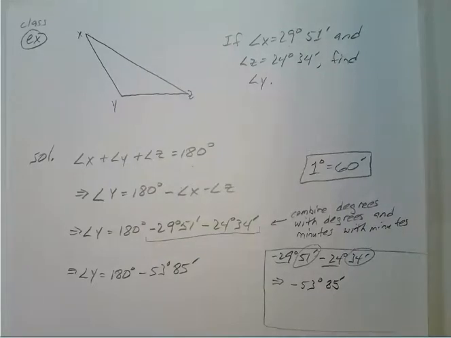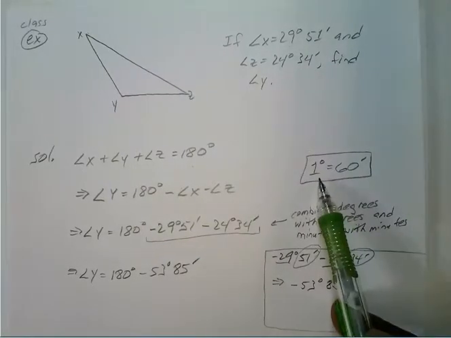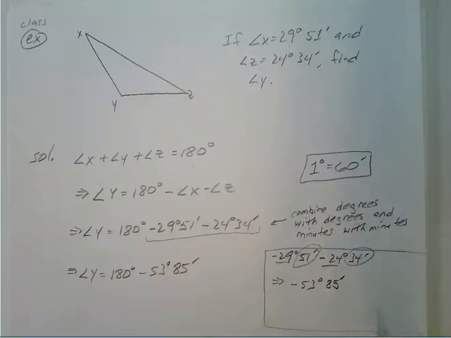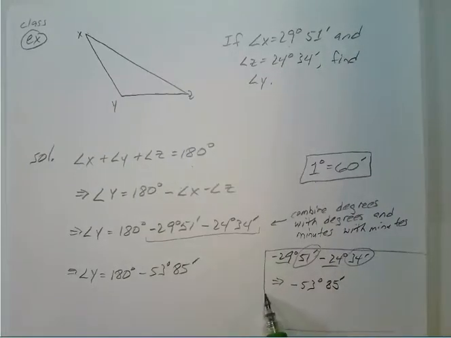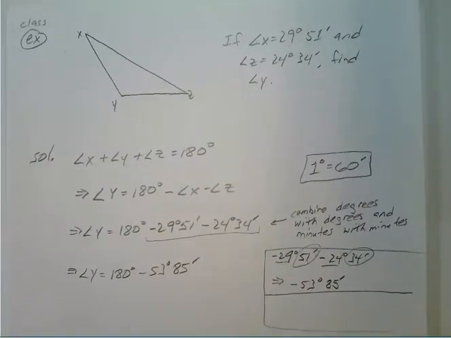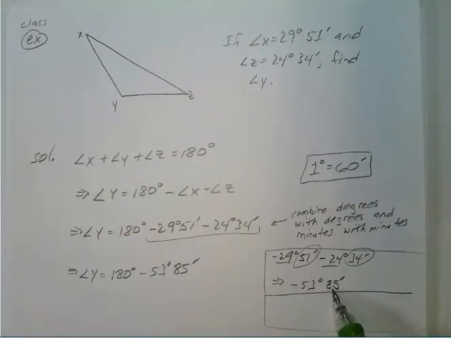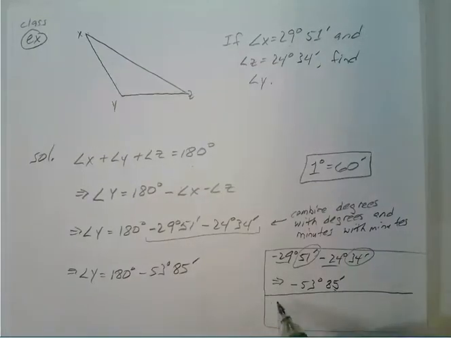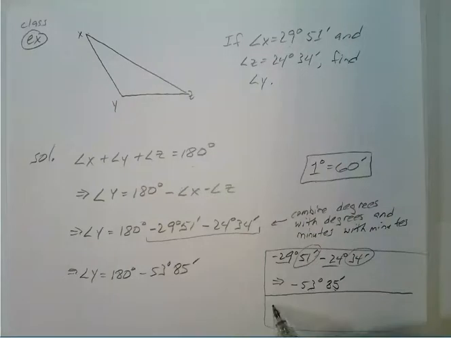First thing we're going to do is remember that 1 degree equals 60 minutes. So we're going to cut that off right here. All we're going to do is break down these minutes. We write that as negative 53 degrees, and we're going to break the 85 minutes down into 60 plus whatever is left.